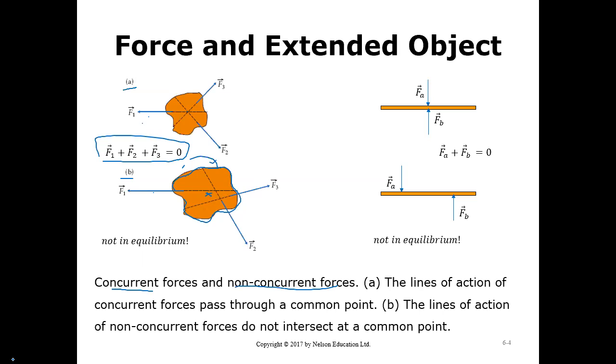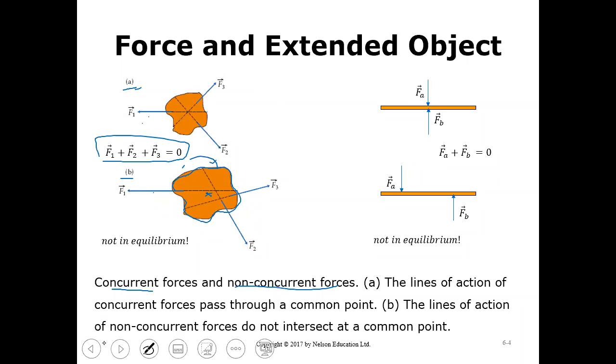So now you see why rotational motion is important. Just because the extended body has a size, where you apply the force is important. In A, it is the same three forces, but we apply them in a concurrent way, so there is a common intersection. It is not moving, not even rotating.